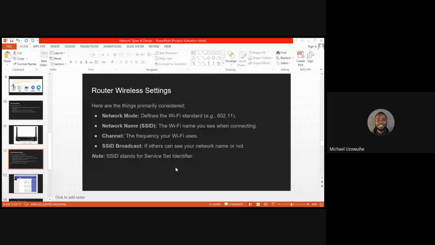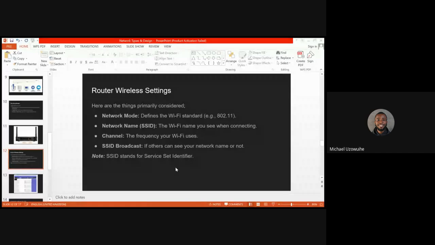Not all devices are able to utilize 5.0 gigahertz. So we have two options, 2.4 gigahertz and 5.0 gigahertz. Bluetooth normally uses 2.4, so there are devices that can't use 5.0.